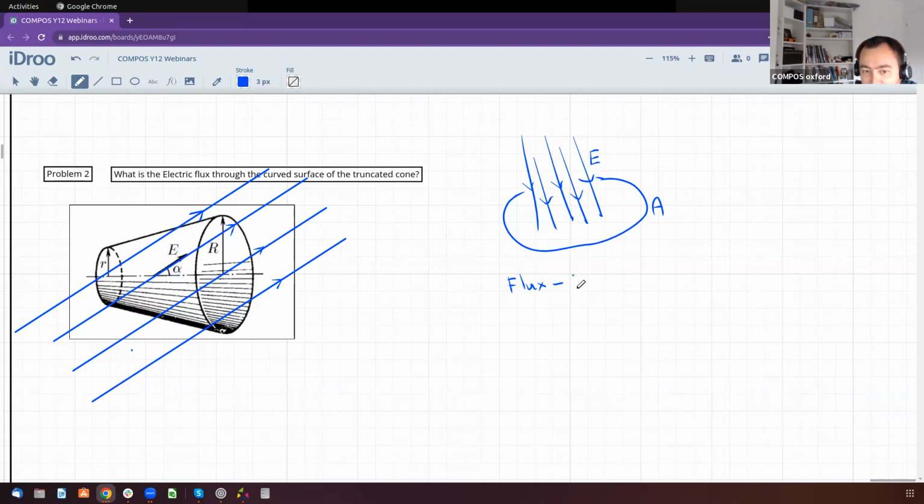It is how much field goes through the surface. And the flux is defined as E times A.